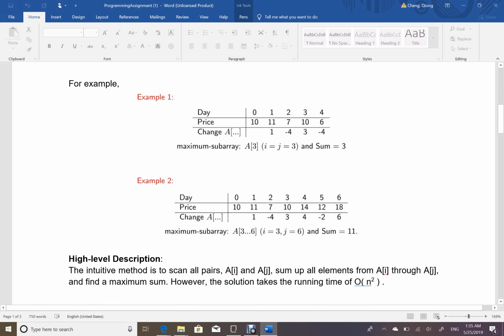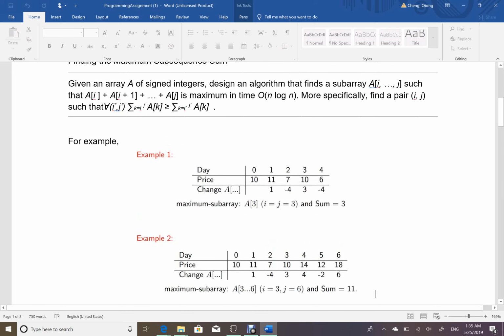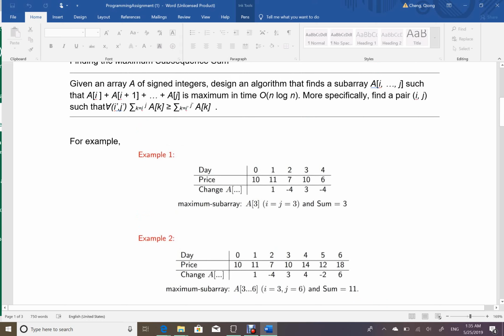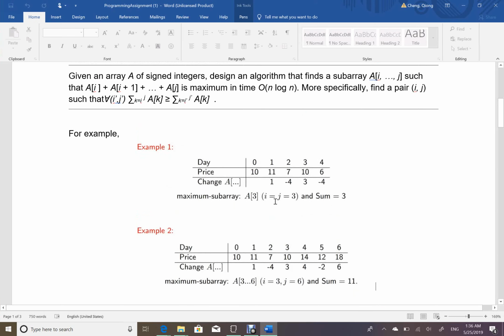For example, if we are given the price for each day, we reduce this problem to getting the price difference compared to the previous day. We get another array, which corresponds to A in this problem description. So it is our input for this solution, and it is a sequence of daily price differences. For example, day 0 is 0, because you sell nothing.